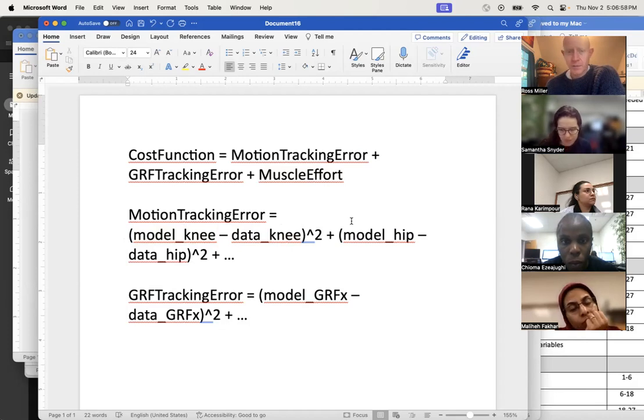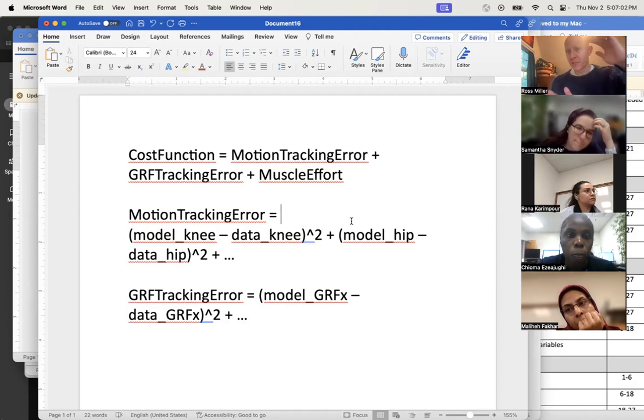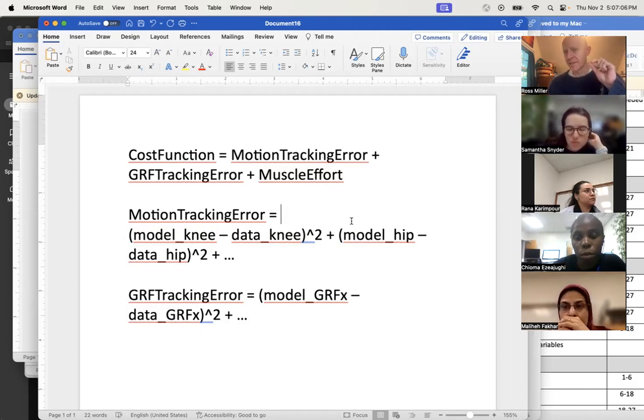The idea there is that if the standard deviation is really small, then that's data that's really consistent, and so I want you to track that variable really well.